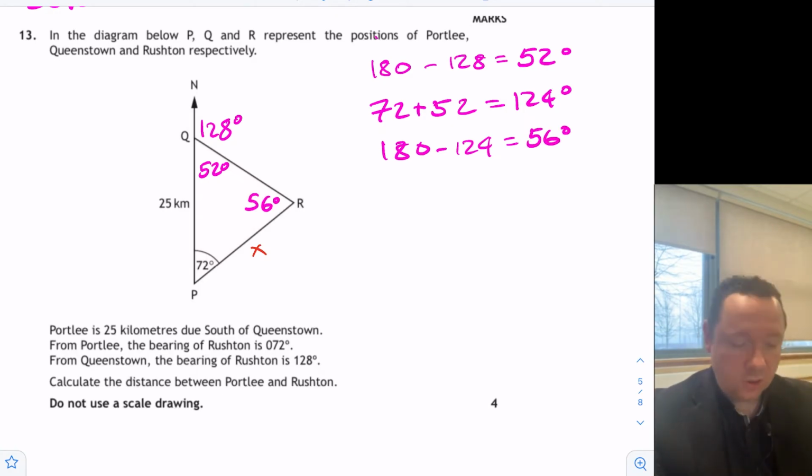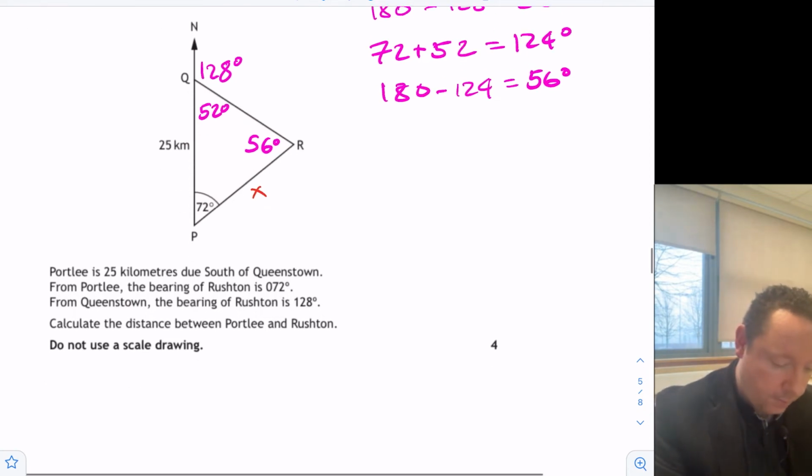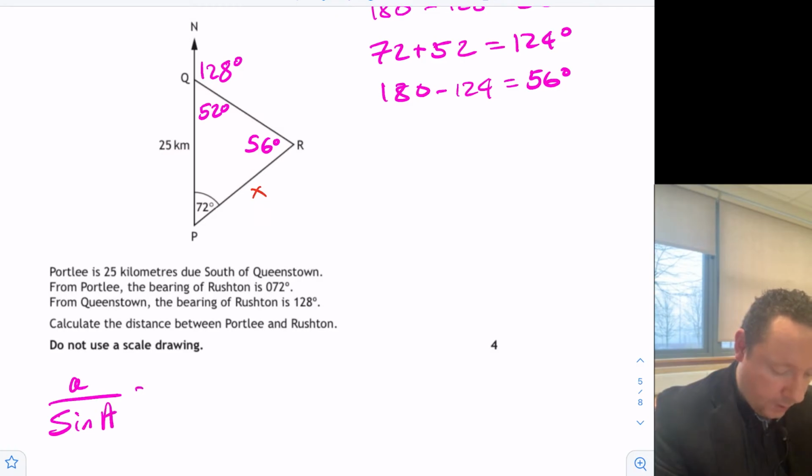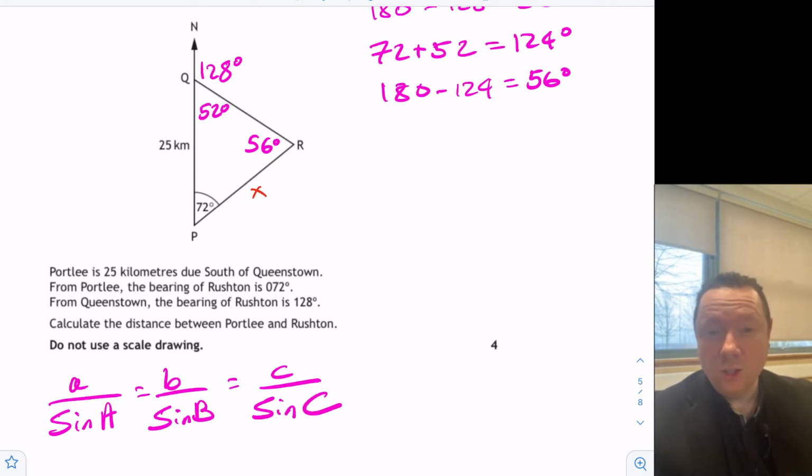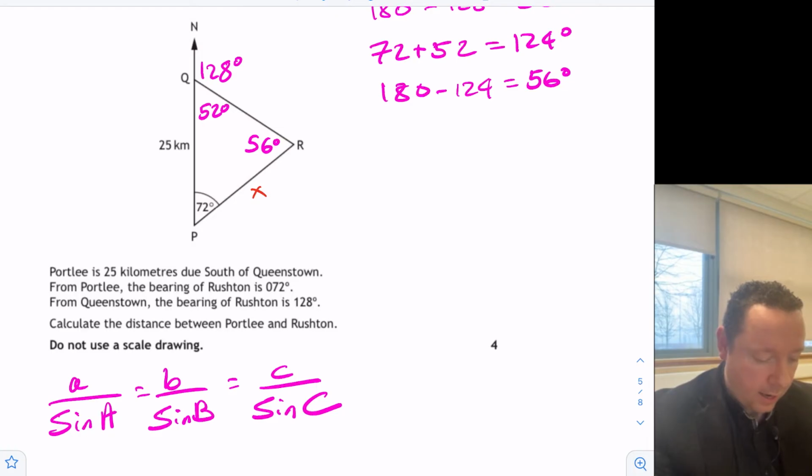So now remember from our sine rule, if we go to the back of the exam paper, it says that A over sine A equals B over sine B, which equals C over sine C. That is really just telling us angle with opposite side, angle with opposite side, angle with opposite side.